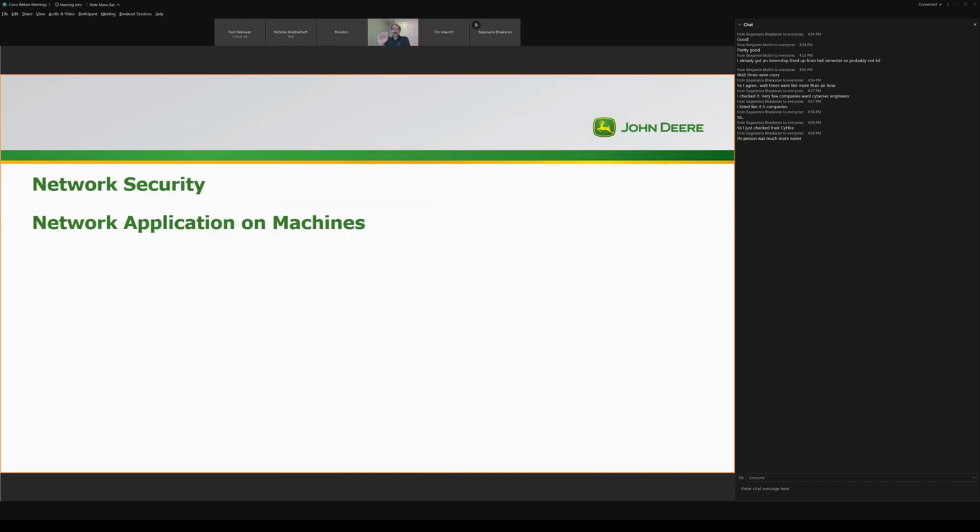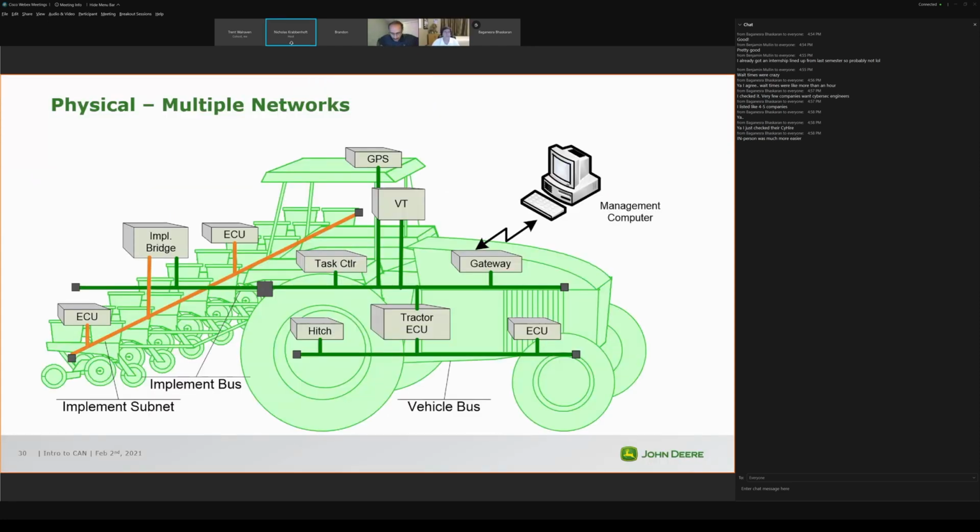If not, Tim? Yeah, I had one quick one. If you want to go back one slide. With the multiple networks, are packets from, say, the computer management able to get to the hitch controller, or is there no forwarding between the networks?